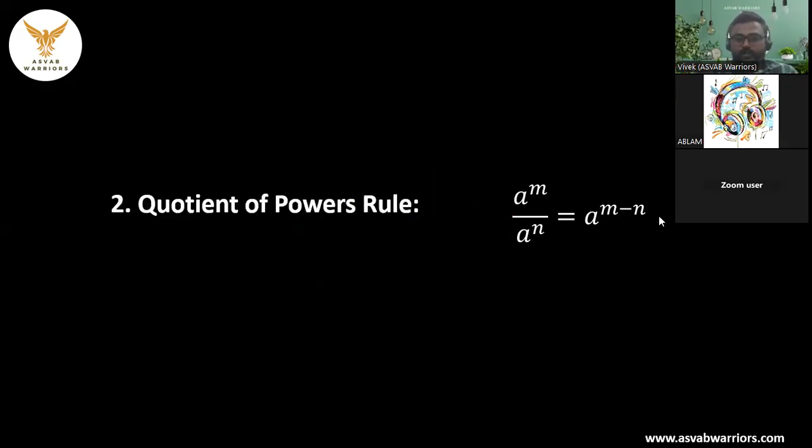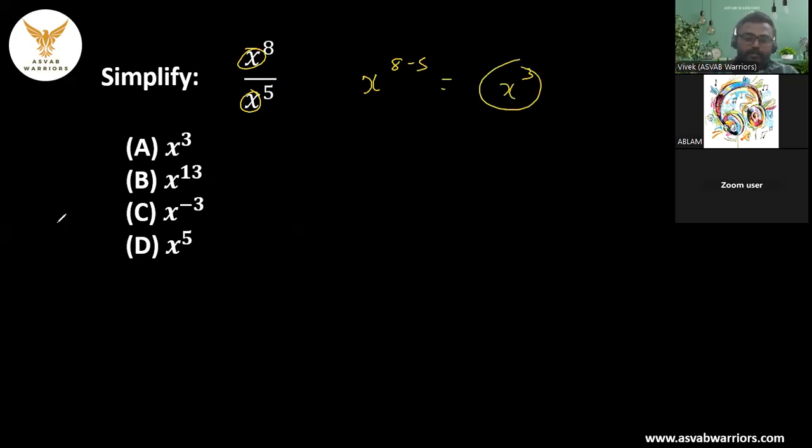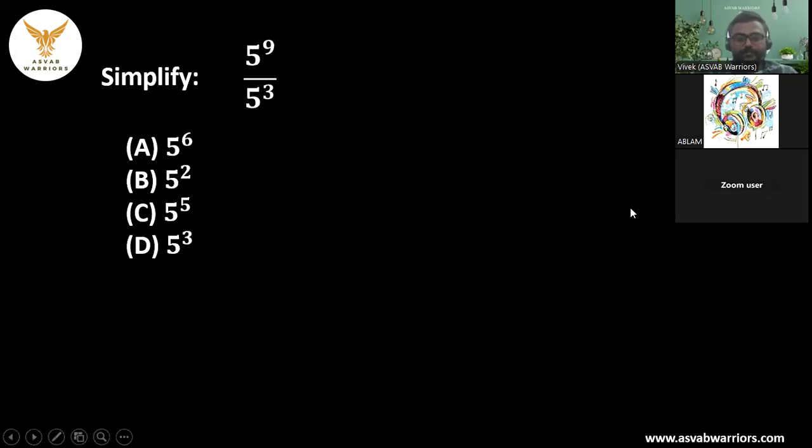I want you guys to solve this question. Look at the base. It is the same. The power is different. Apply the quotient rule. So x to the power 8 minus 5, which is nothing but x to the power 3. Awesome, guys. That is right. Solve this question.